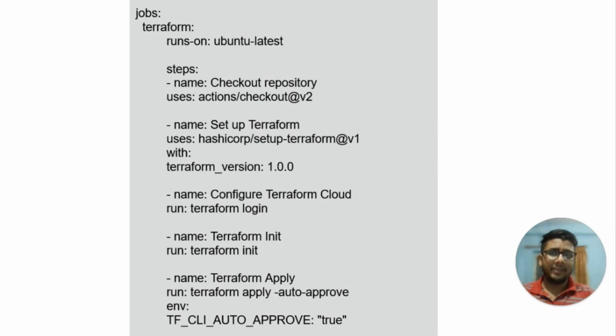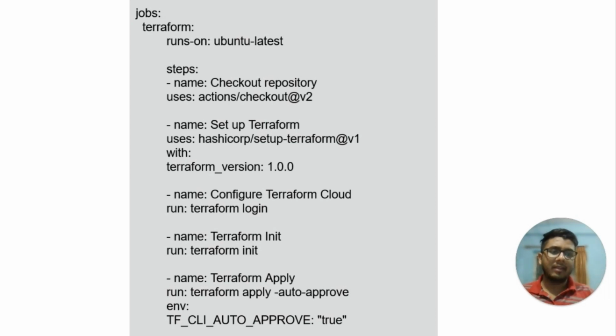And what will happen after that is, step by step, all the steps will run sequentially because it maintains the sequence. The first thing, name, is just for namesake. Then with uses, there are two things we are using: version 1 of Terraform setup, then Terraform login. It will directly authenticate with the secrets.